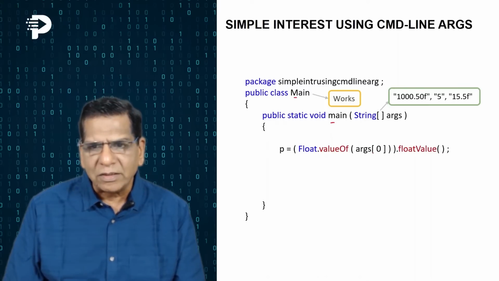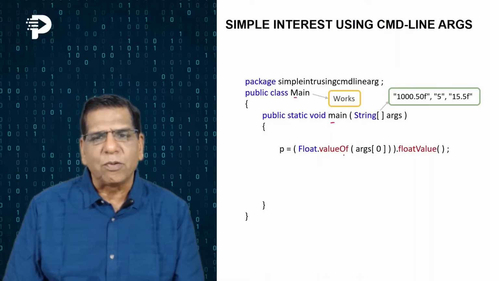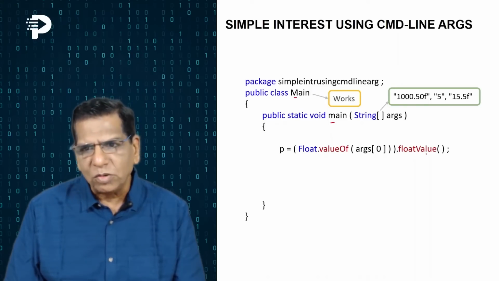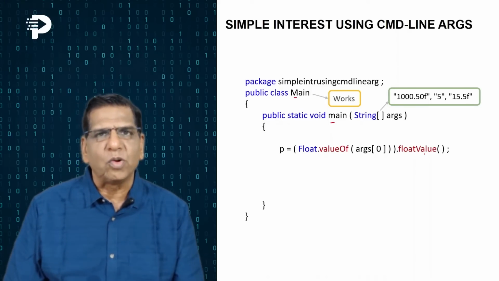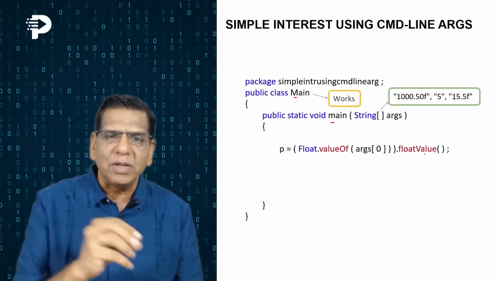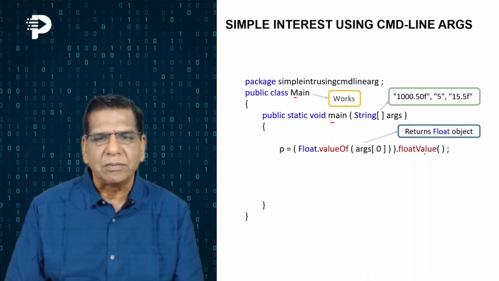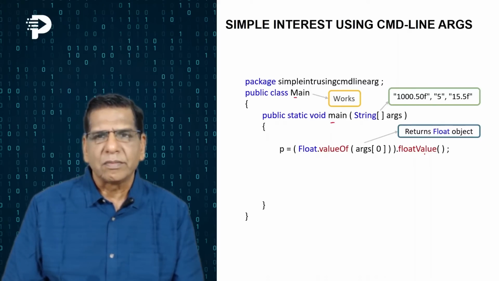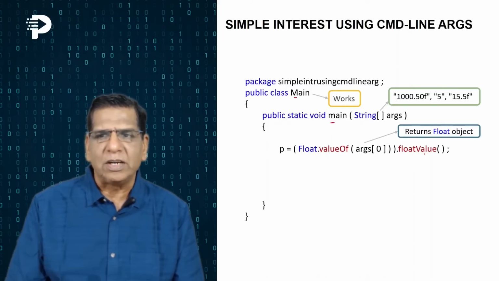Once it has been passed, what it returns is a Float object. This valueOf function returns a Float object. And then using that object, I am calling a function called floatValue. The resultant floating point number would be stored in the variable p. Fine, valueOf returns a Float object.